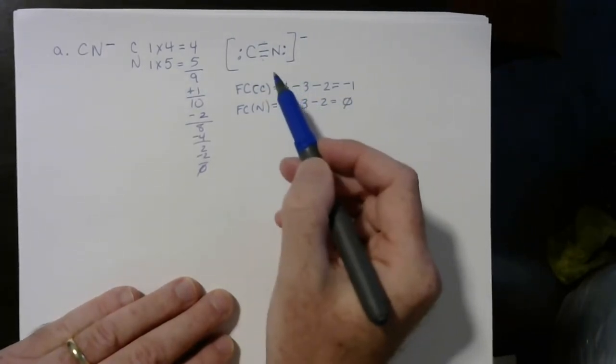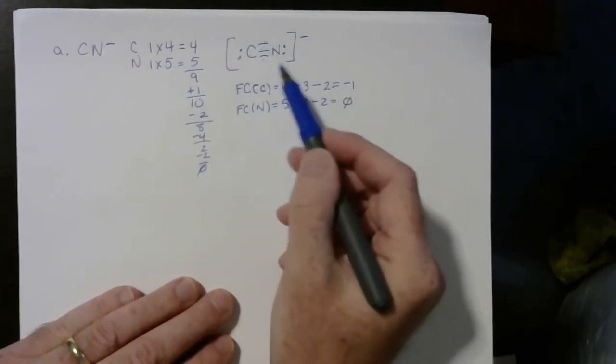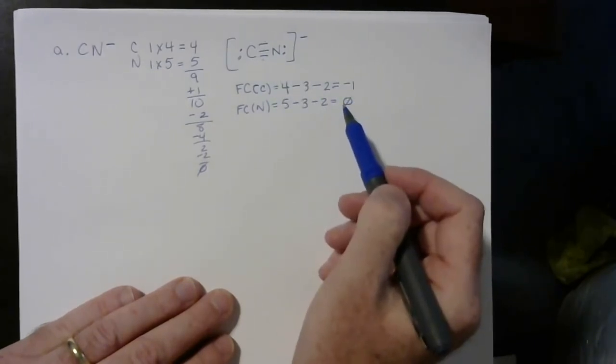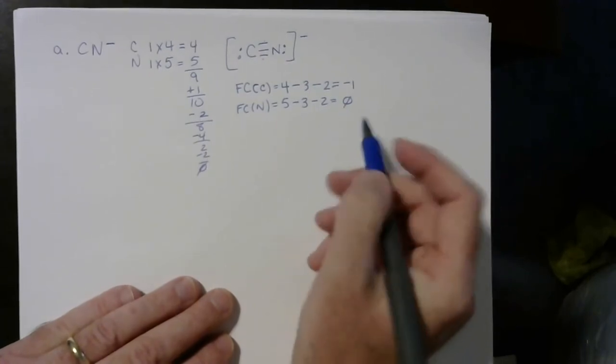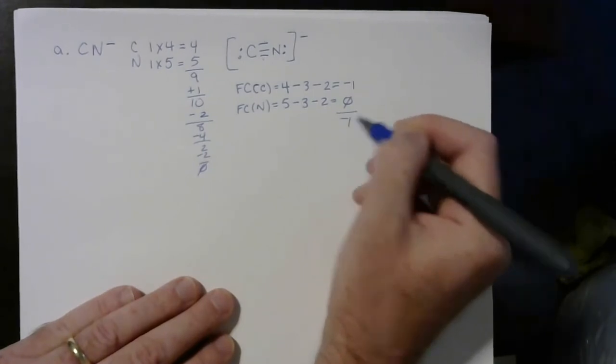So if you've got 1 fewer bond, negative 1 formal charge. With an equal number of bonds, nitrogen likes to form 3, 0 formal charge. So you can get away in many cases by just counting the bonds and estimating the formal charge. A good way to check your work is that these formal charges have to add up to the charge on the compound, which they do.